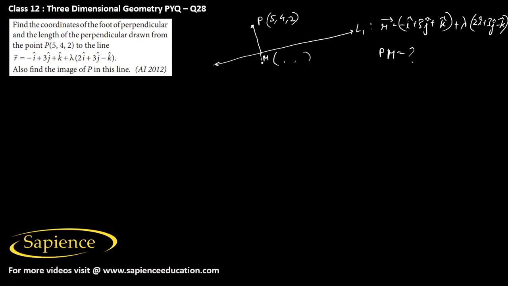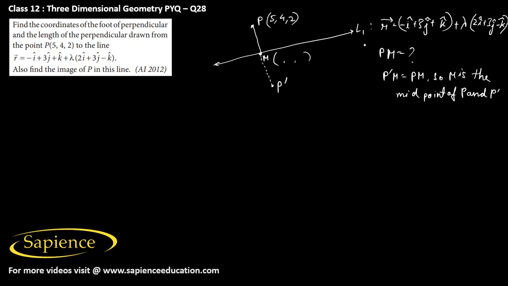It means we also need to find the coordinates of the point P dash, which is the image of point P. So P dash M is equal to PM. So it means M is the midpoint of the image and the point P. It means it is the midpoint of P and P dash.